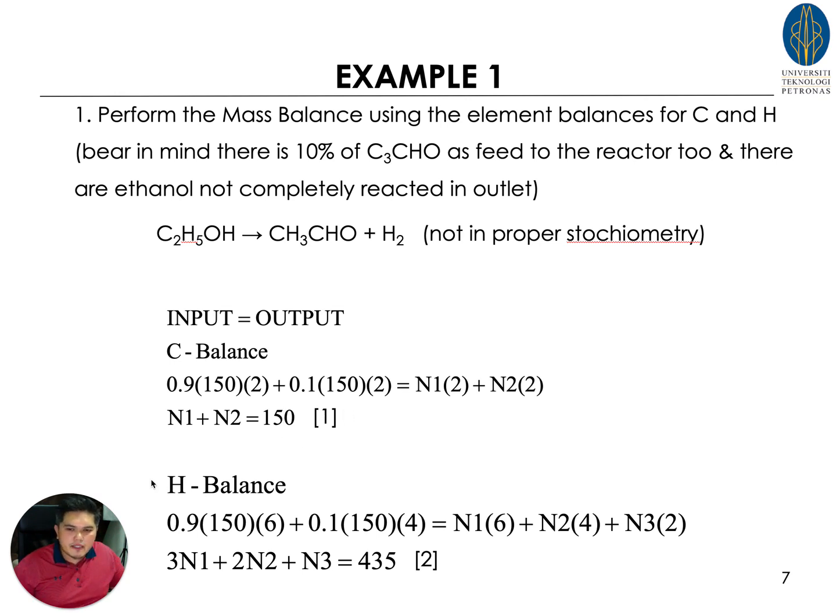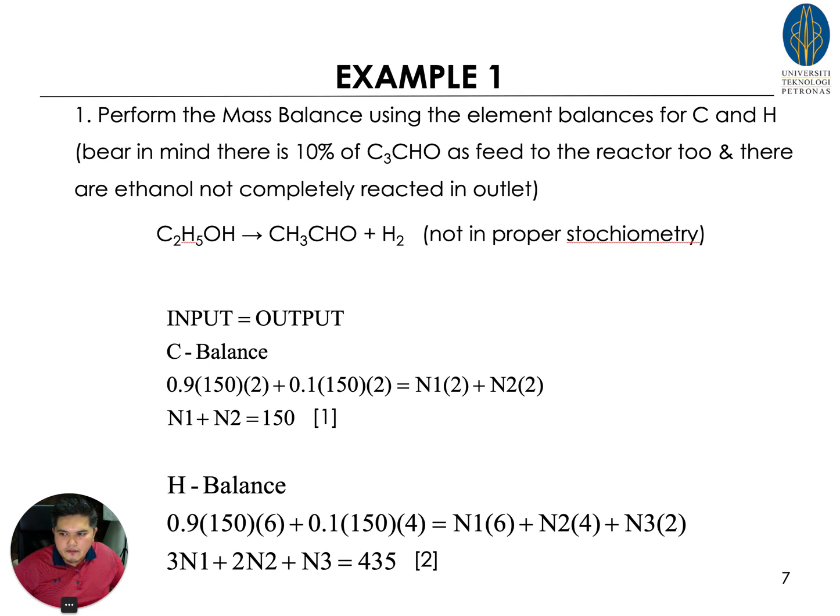And now we do the hydrogen balance. In ethanol we have 6 hydrogen atoms. So here 0.9 multiplied by 150 multiplied by 6, plus 0.1 multiplied by 150 multiplied by 4, because we have 3 plus 1, which is 4, in the inlet acetaldehyde. And then in the outlet we have hydrogen in all 3 components.